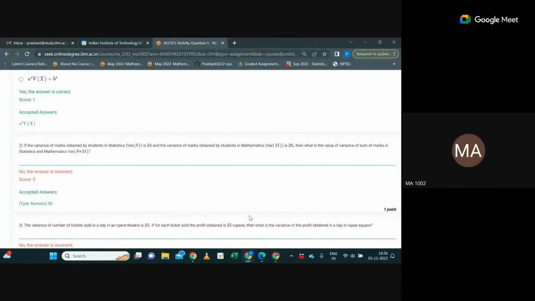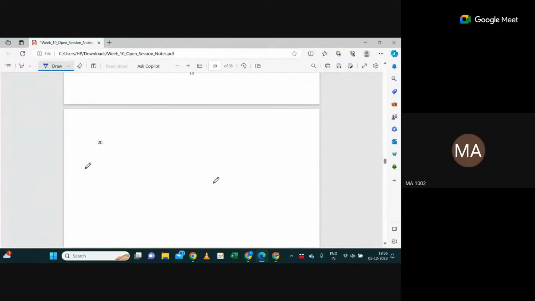Okay. So what is the information we have been given? The variance of the number of tickets sold in a day in an opera theater is 25. Let's say my random variable X is the number of tickets sold in a day in an opera theater.